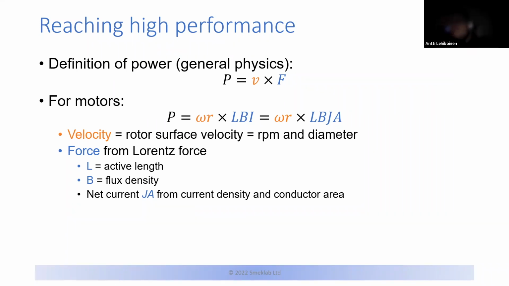Current alone can be confusing, so I like to write the net current as a product of the current density and then the total current carrying area or volume of copper. So you finally end up with this kind of equation.